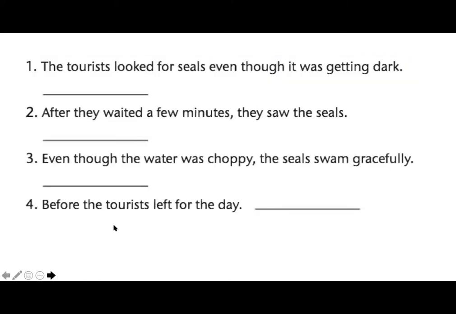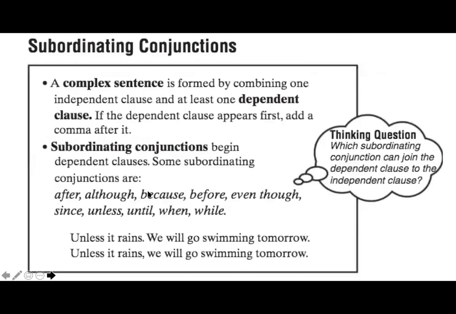Let's have a little look more about these. Have a look. Subordinating conjunctions. Can you please read this for me? Lily. A complex sentence is formed by combining one independent clause and at least one dependent clause. If the dependent clause appears first, add a comma after it.